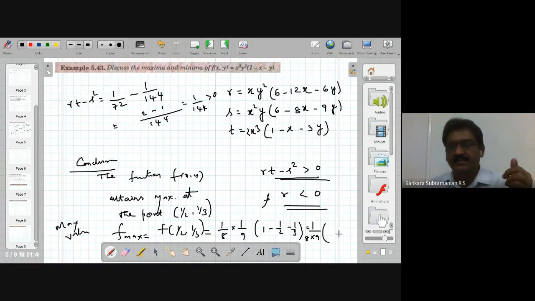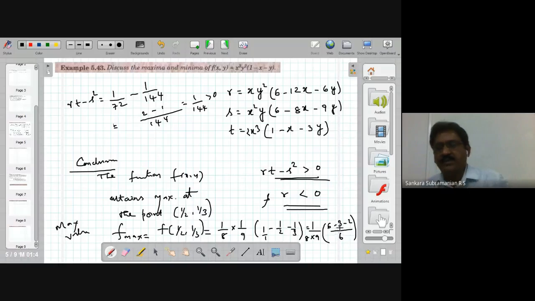You have LCM 6. This is 6, 3 2s are 6. And this is minus 2. So what is the answer? 1 by 6. So 1 by 8 into 9 into 6. What is the value? 432. This is the maximum value.